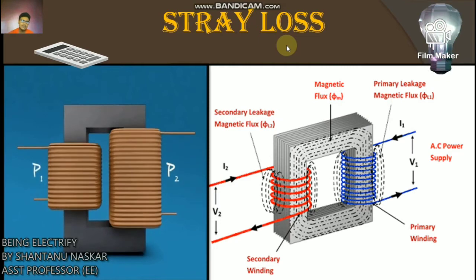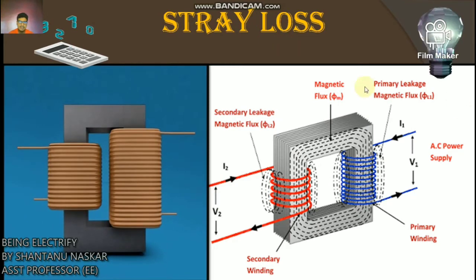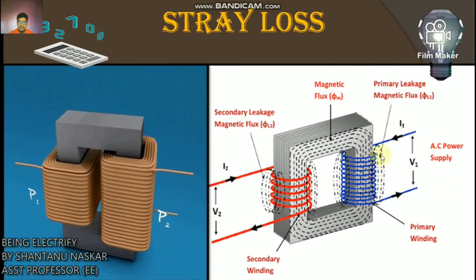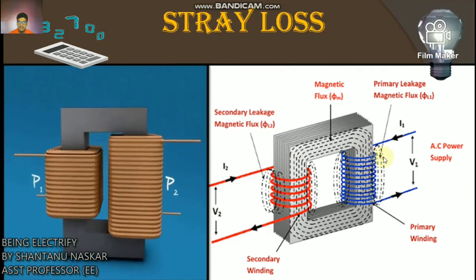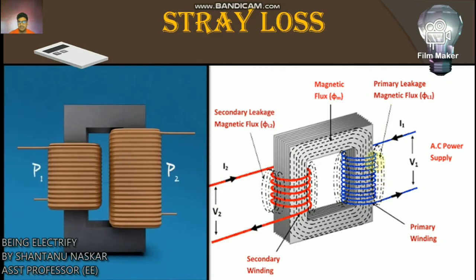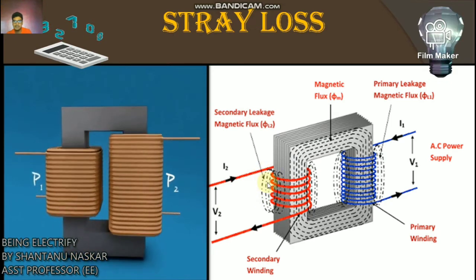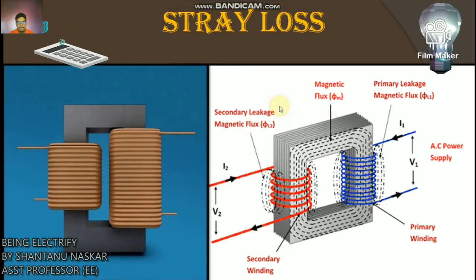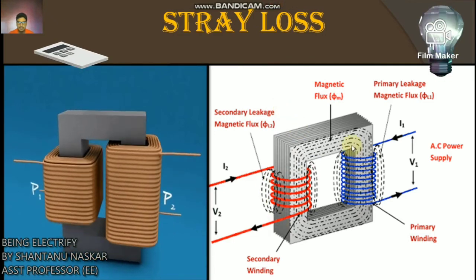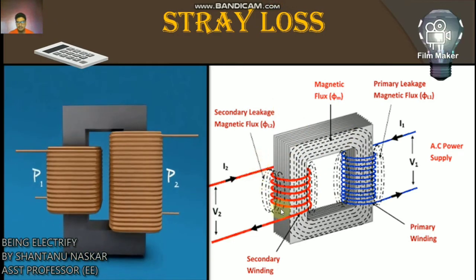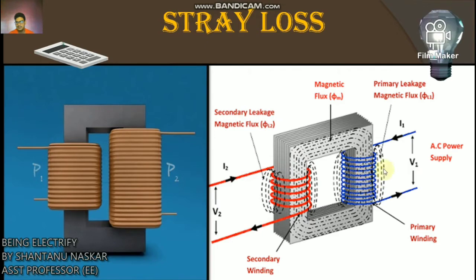The occurrence of these stray losses is due to the presence of leakage flux. Look here, these are the magnetic leakage flux of the primary circuit, and these are the secondary leakage fluxes.